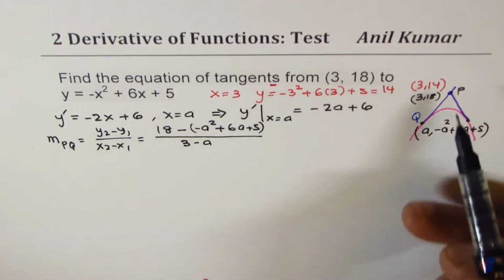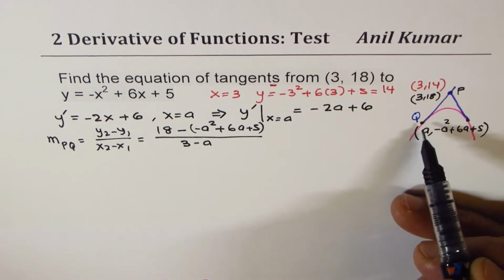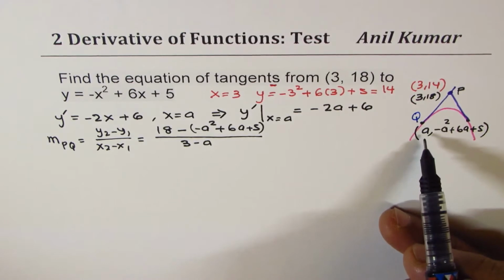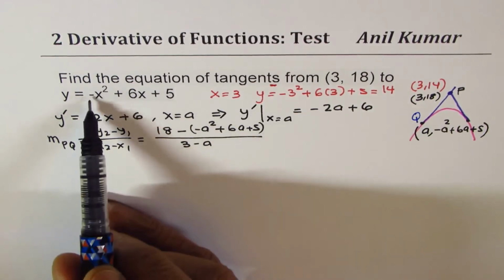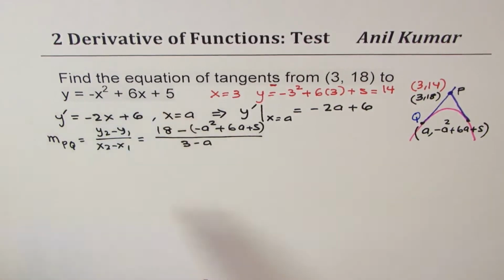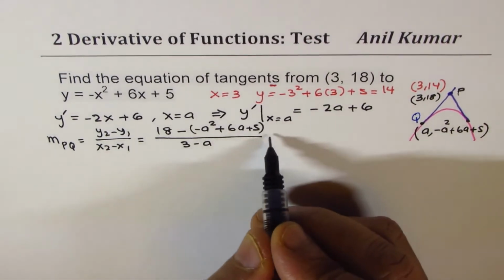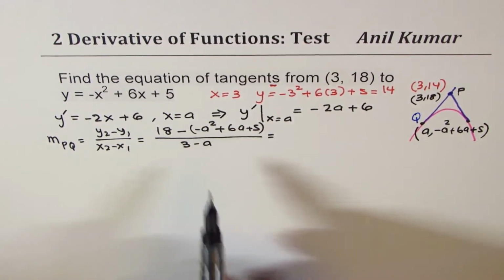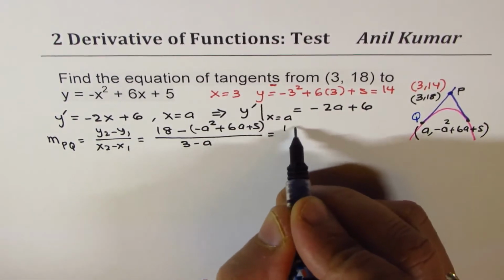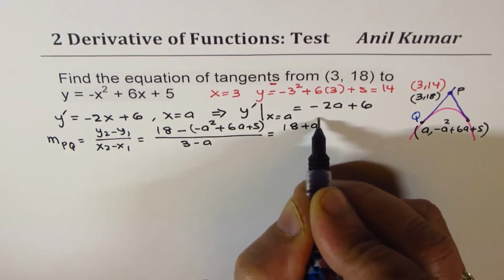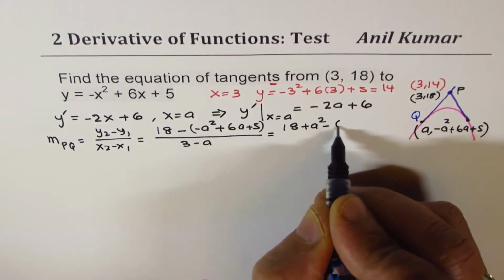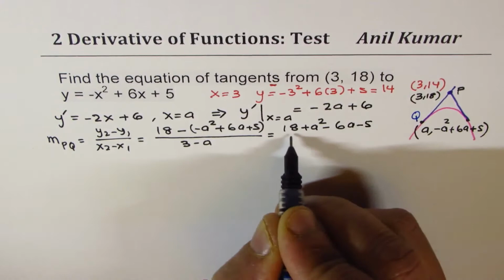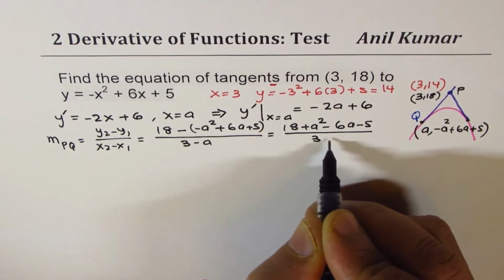So that is the slope between P and Q, where point Q has x value a and y value minus a square plus 6a plus 5. Now let's simplify this, we get 18 plus a square minus 6a minus 5 over 3 minus a.